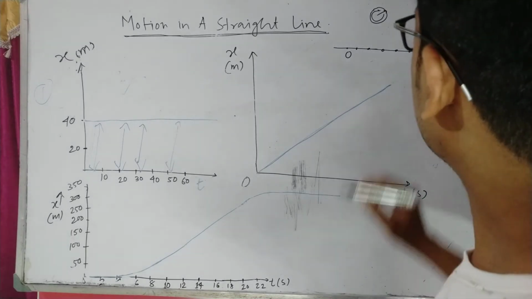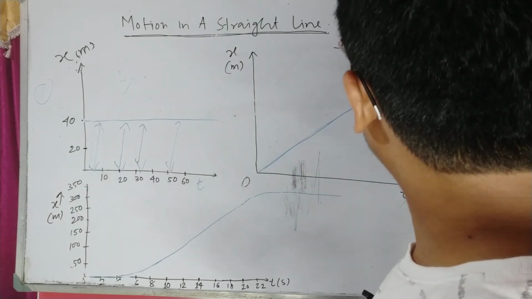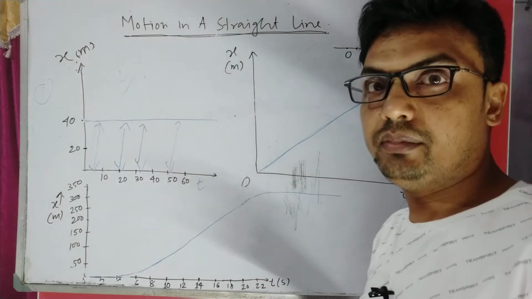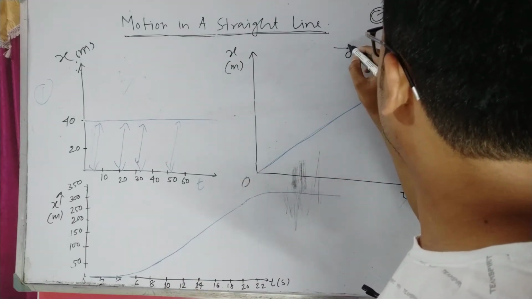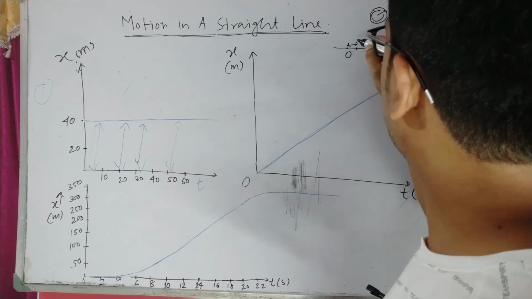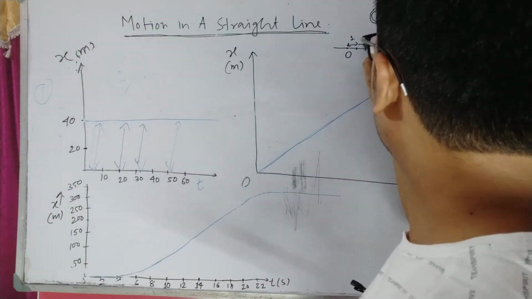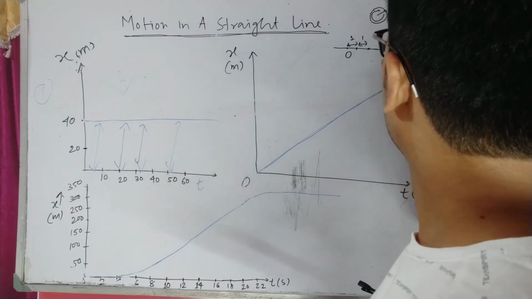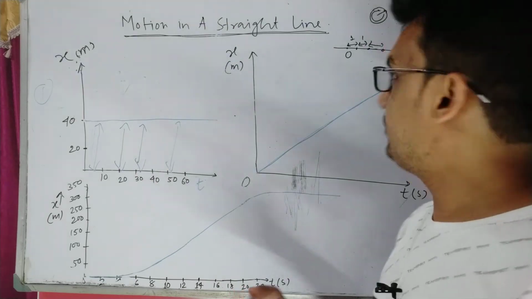And this graph says that after a fixed time, let us say after 1 second, if it travels 1 meter, then in the next 1 second also it will travel 1 meter, and in the next 1 second it will again travel 1 meter.